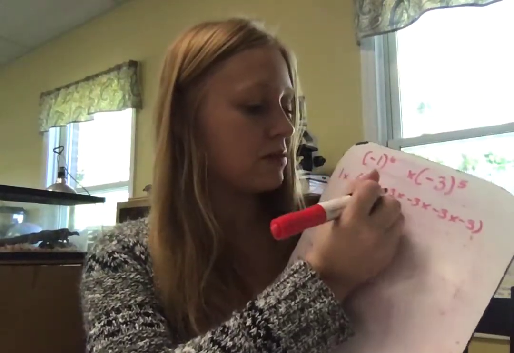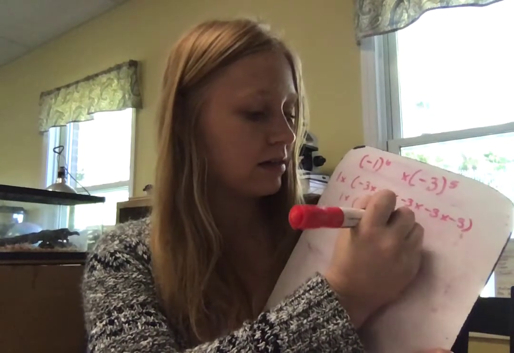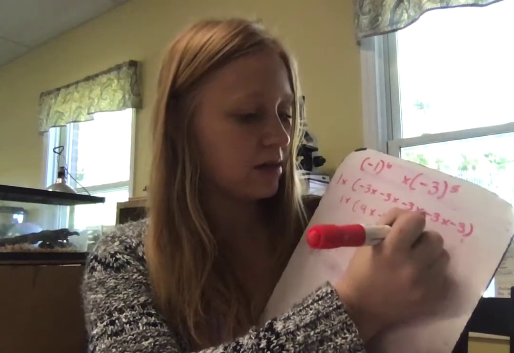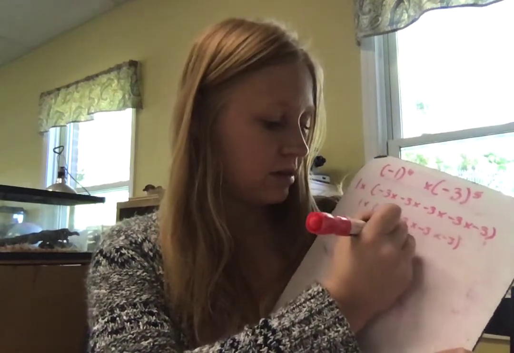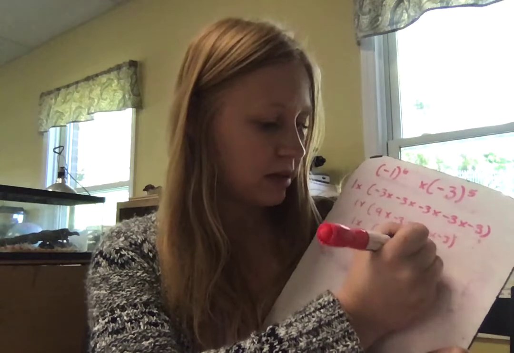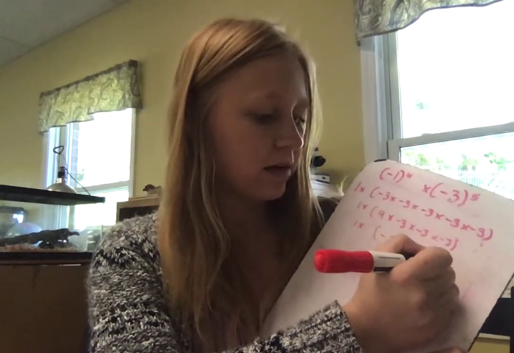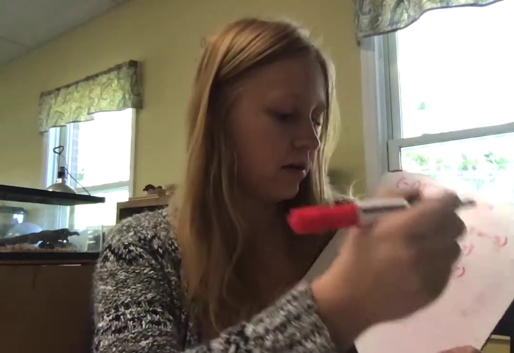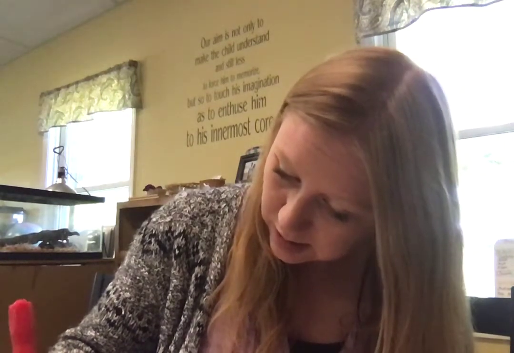1 times 3 is positive 9 times negative 3 times negative 3 times negative 3. 1 times negative 27 times negative 3 times negative 3. I have no idea what 27 times 3 is. 27 times 3 is 81.